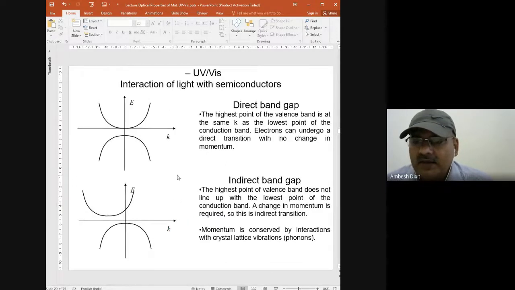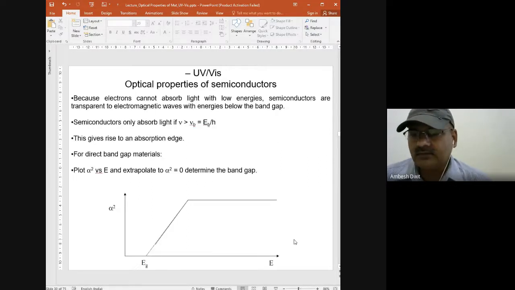Whereas if I have an indirect band gap, where they are not at the same k point, in that case, direct transition cannot happen. So the band gap is still small, but to take the band gap into account and satisfy the conservation laws of momentum as well as energy, we need to take into account the absorption or emission of respective lattice phonons. Right.